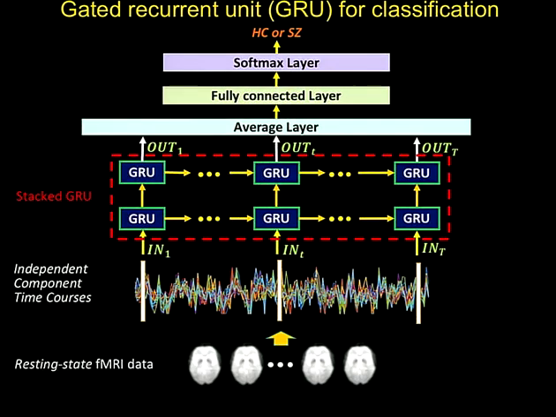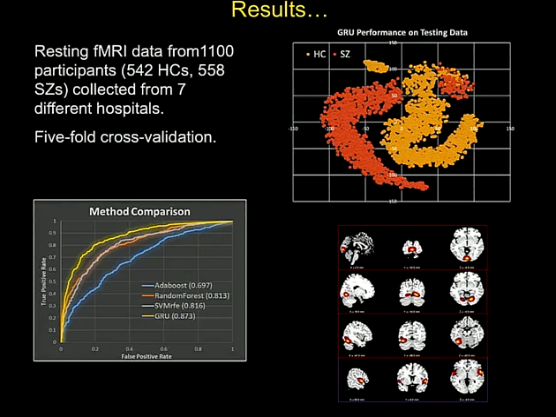And so here is a type of recurrent network. It's called, in this case, a gated recurrent network, which is essentially a variation on a recurrent neural network that's a little bit more adaptive, and it works better on smaller data sets. And so we took resting state fMRI data and used it, in this case, to predict healthy control or schizophrenia patients from that resting fMRI data.